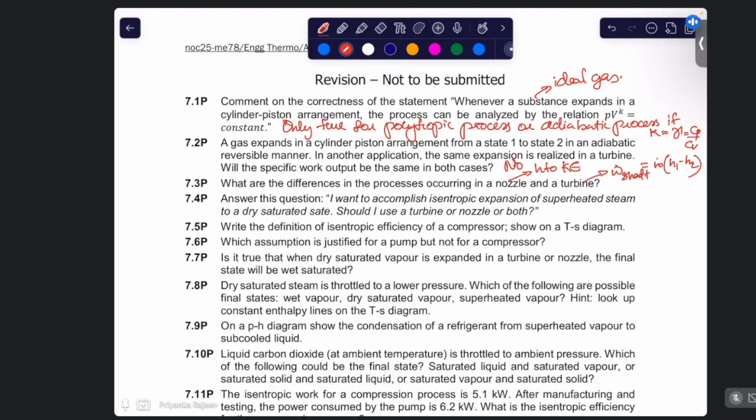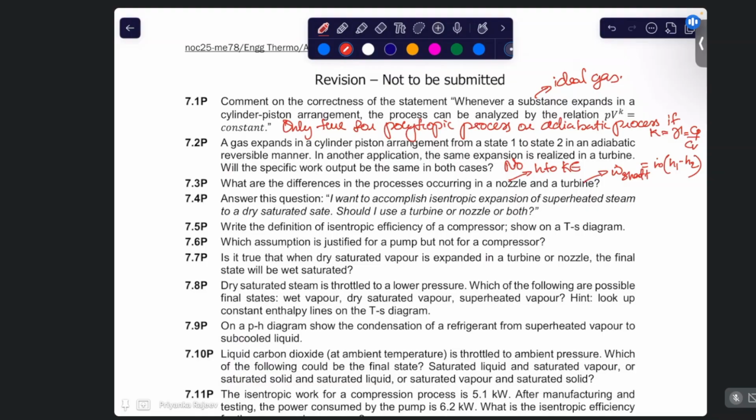Then answer the question. I want to accomplish isentropic expansion of superheated steam to a dry saturated state. Should I use a turbine or nozzle or both? So to produce mechanical shaft work, if you are okay with saturated or slightly wet steam, you can use a turbine.